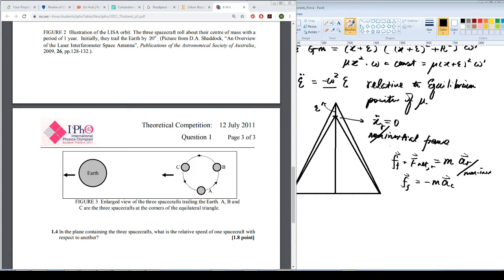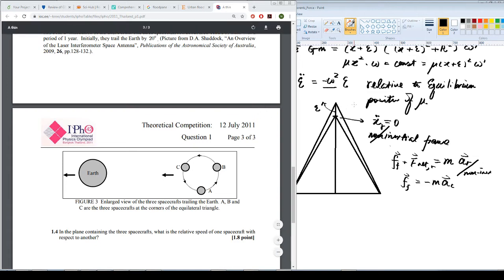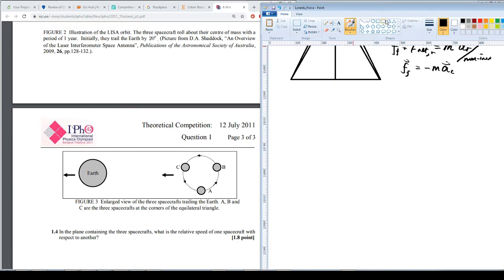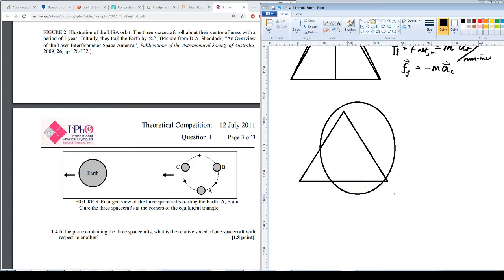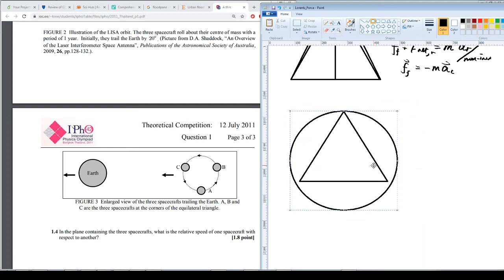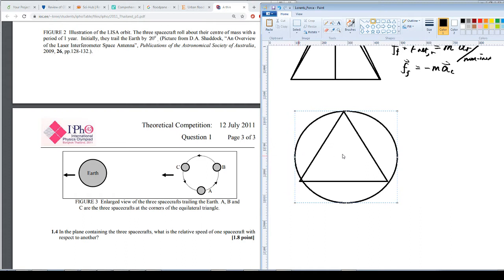That's actually a trivial question, 1.4, because we already know it's essentially geometry. We have an equilateral triangle inscribed in a circle, right?